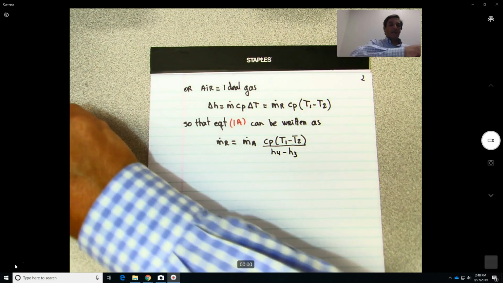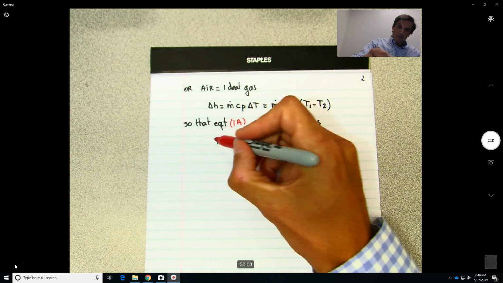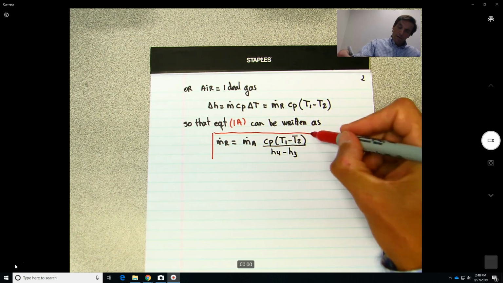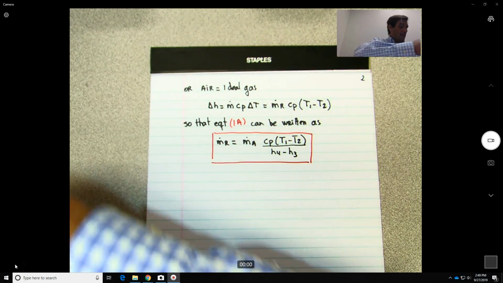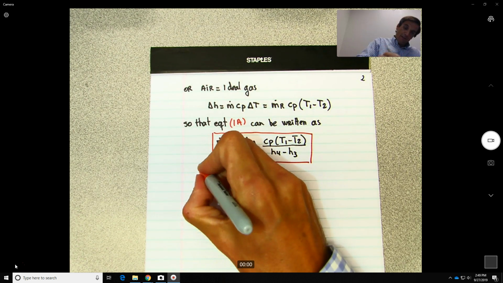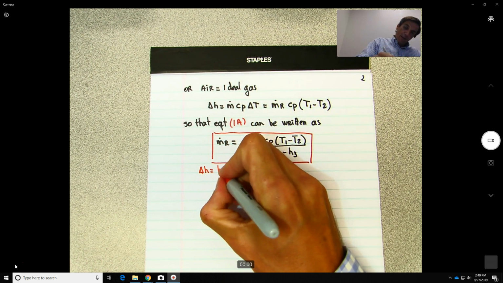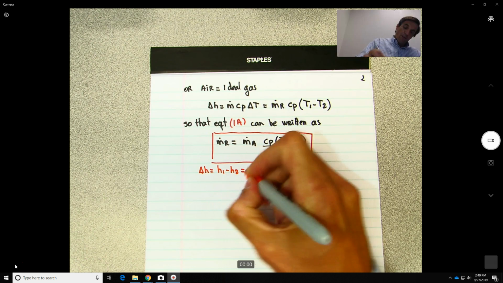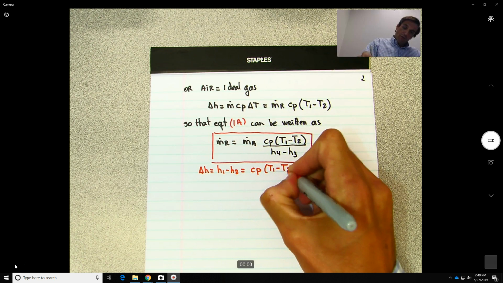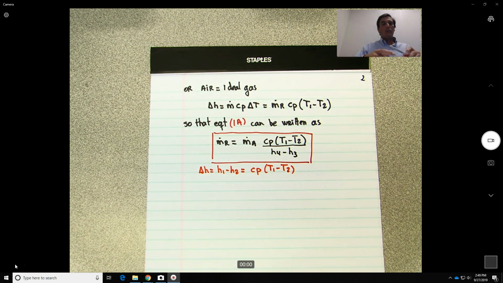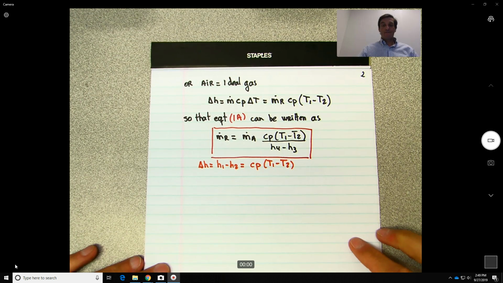Basically all we are saying is that the difference in enthalpy H1 minus H2 will be equal to Cp (T1 minus T2). But we'll solve the problem both ways, see if there's any difference or not.